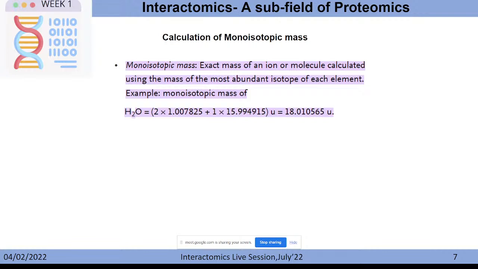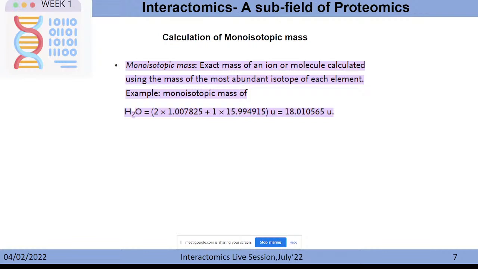It is quite important to understand how this is calculated, because in the mass spectrometer, when you get the ions, you will identify the monoisotopic mass. Then with that monoisotopic mass you need to calculate which amino acids it corresponds to, and then you need to identify the sequence of the peptides.